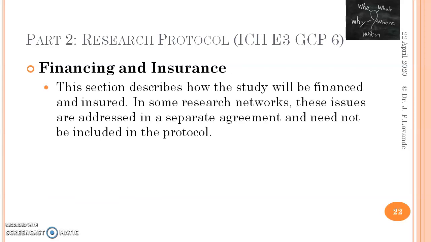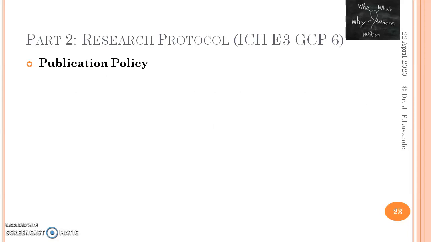Financing and insurance. This section describes how the study will be financed and insured. In some research networks, these issues are addressed in a separate agreement and need not be included in the protocol.